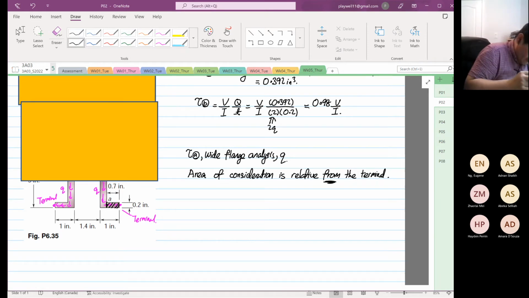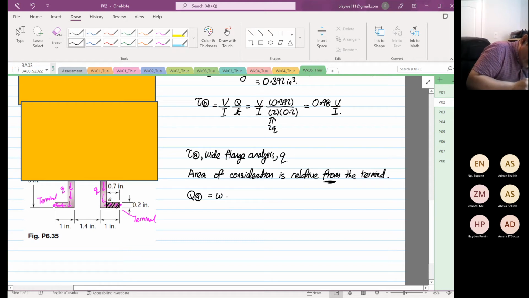Okay. So from here, we're going to find the shear, the first moment of area at point A. Okay. So this is equal to width, depth, y bar. So the width we know is equal to 0.7. The depth is 0.2.